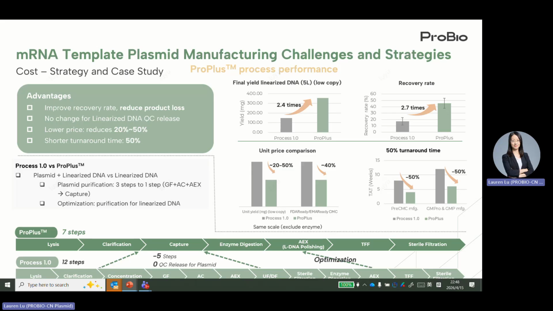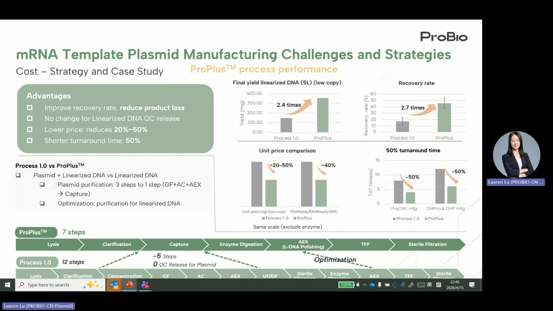Our ProPlus process significantly reduces process complexity and production cost while shortening the timeline and increasing yield. There are two key changes from process 1.0 to ProPlus. First of all, we simplify the downstream process.